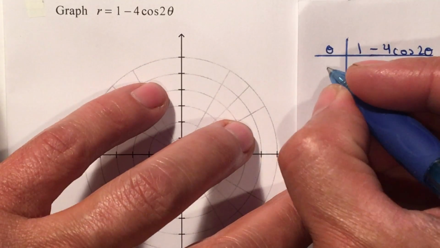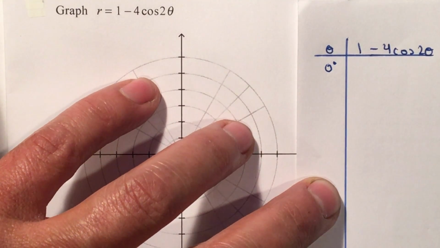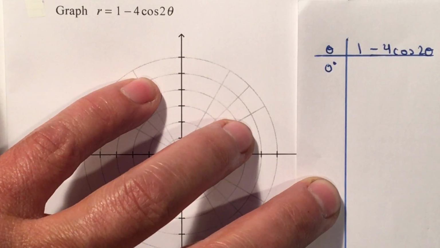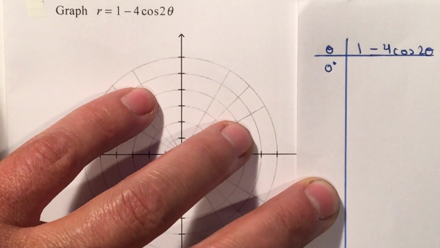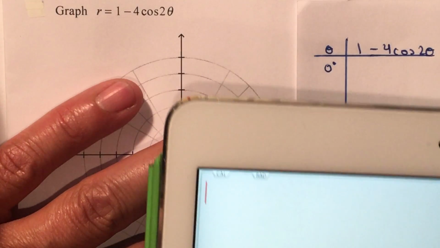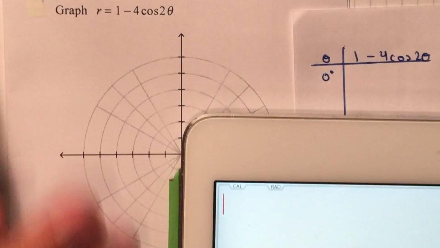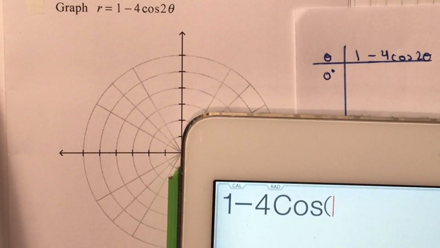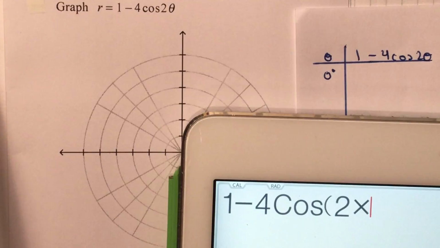I'm going to start with 0 degrees, and I'm going to use my calculator. I'm just going to type it in just as it is, 1 minus 4 cosine of 2 times 0.